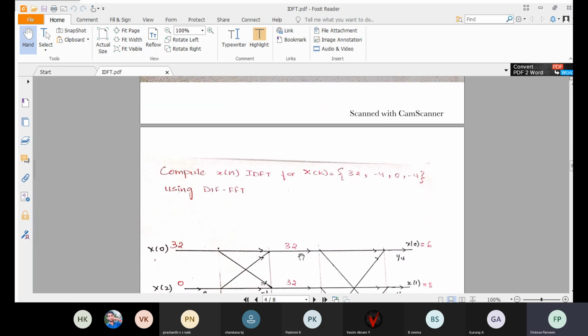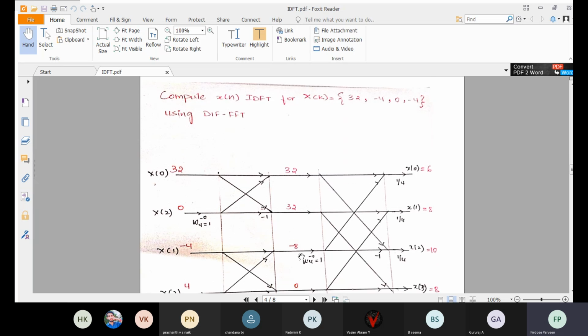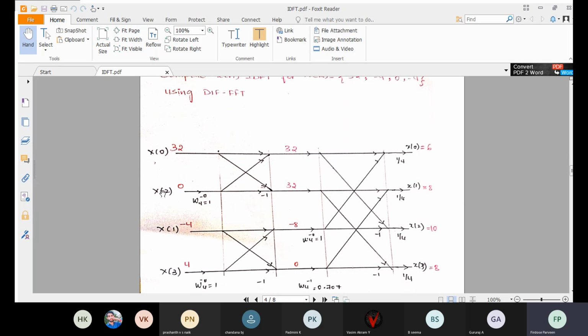Same problem, do it using DIF FFT. So again in DIF, this will change. So this is x of 0, x of 1, x of 2 and x of 3. Either you can remember it in this way or better, use bit reversal. So 0, 0, when you read from the right hand side, it is 0, 0 only. x of 1 means it is 0, 1.